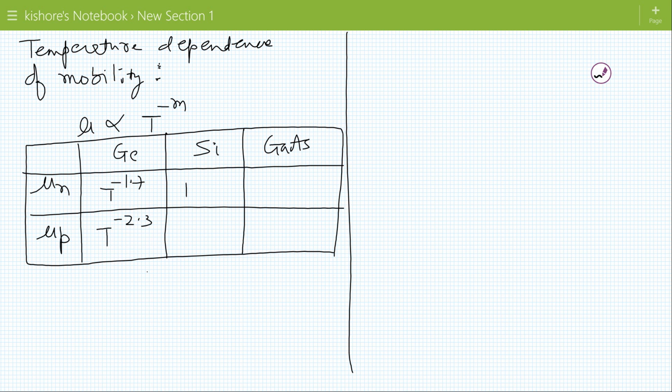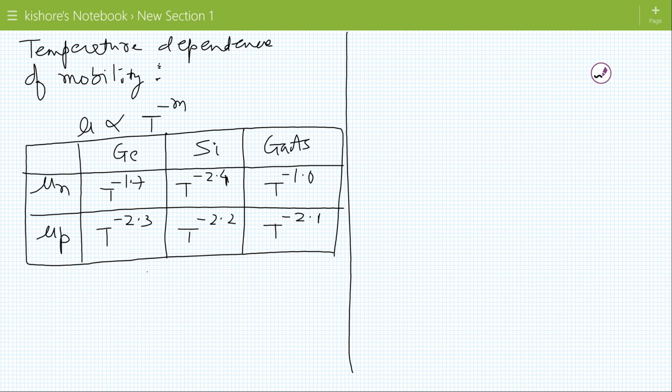For silicon, it is T to the power minus 2.4, and for mu p it is T to the power minus 2.2. For gallium arsenide, it is T to the power minus 1, and for mu p it is T to the power minus 2.1.